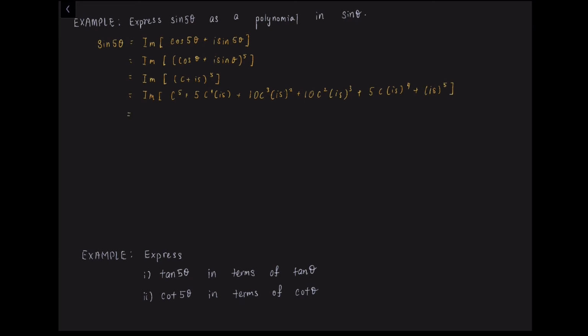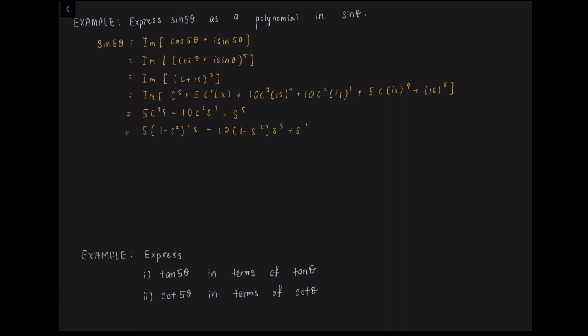Since we want only the imaginary part, we cancel all the real parts out. We want it in terms of sine theta, so we don't want the c, and we turn all the c into s using again the sine squared theta plus cos squared theta equals 1 identity.